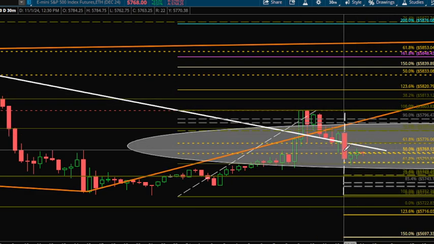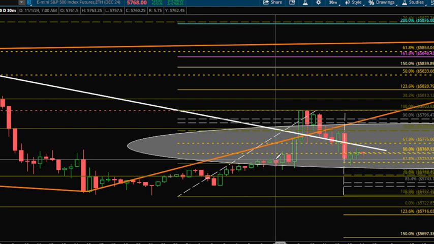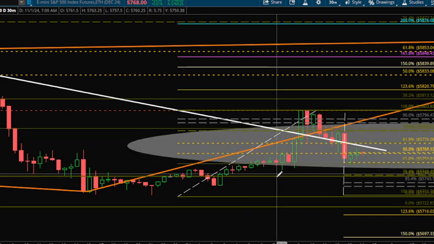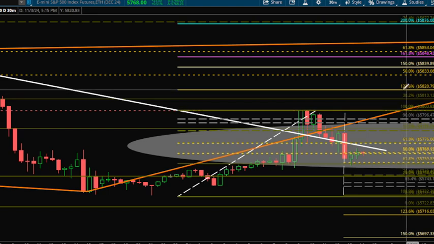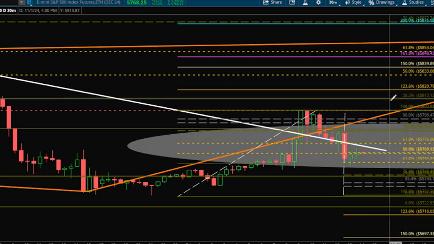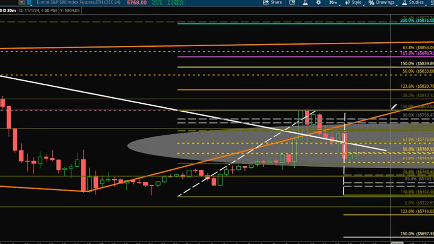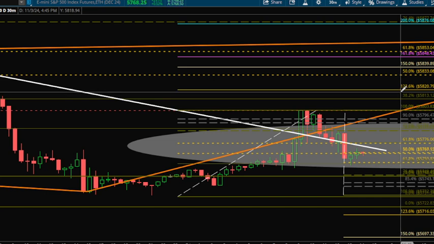Okay, so I would say the only thing I can say for about an 80% chance of probability of a move, I'd say this 58.20 would be within reason by today, or early morning, or early trading hours on Sunday.